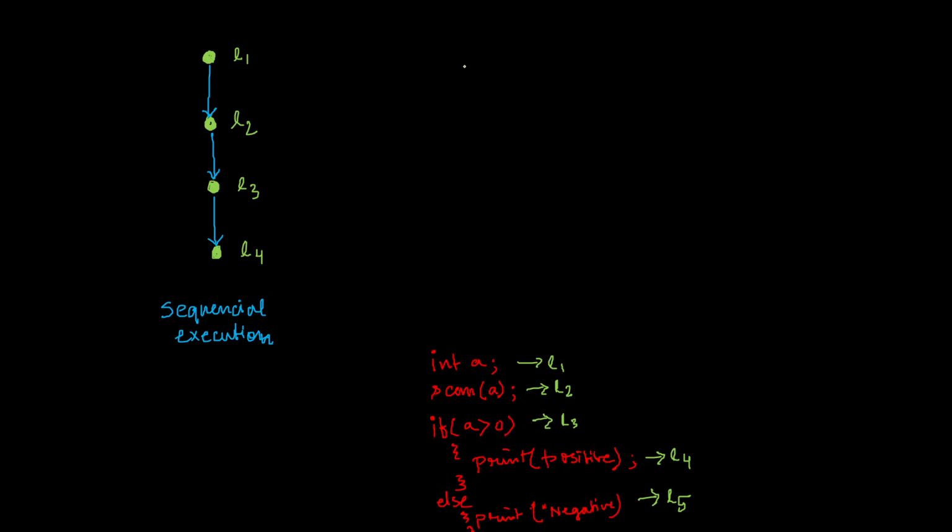If you map the situation, this point represents line 1, this point represents line 2, this point represents line 3, and then I have two choices: either I go for line 4 or I go for line 5.